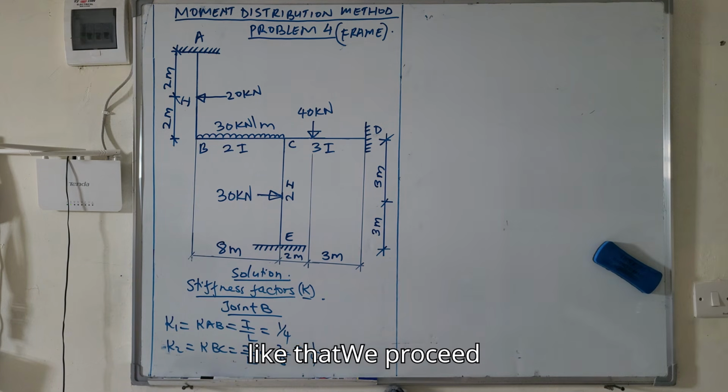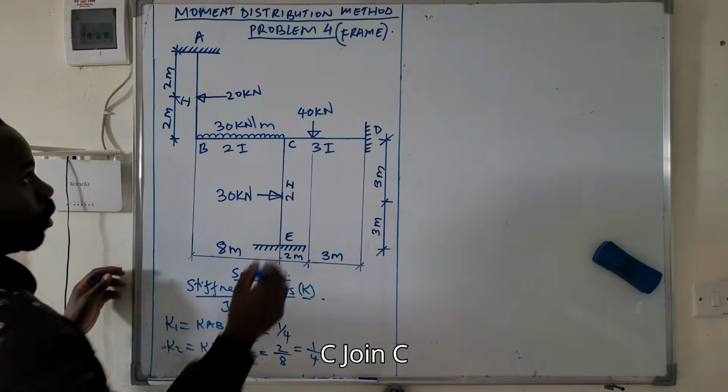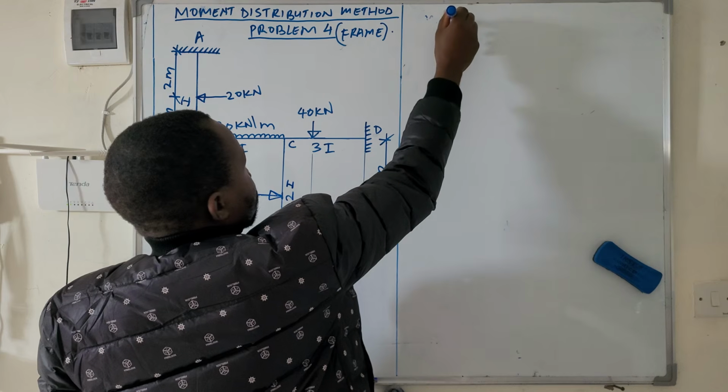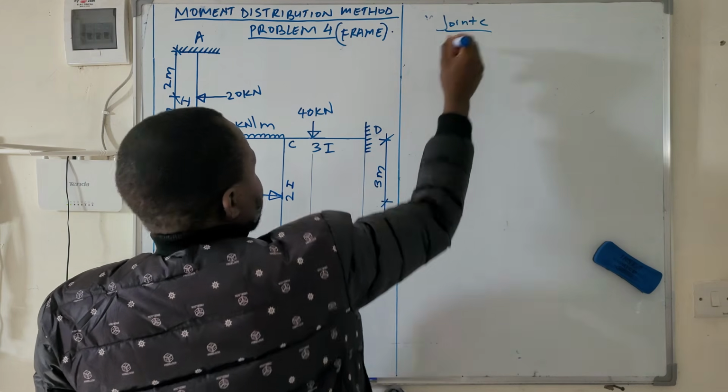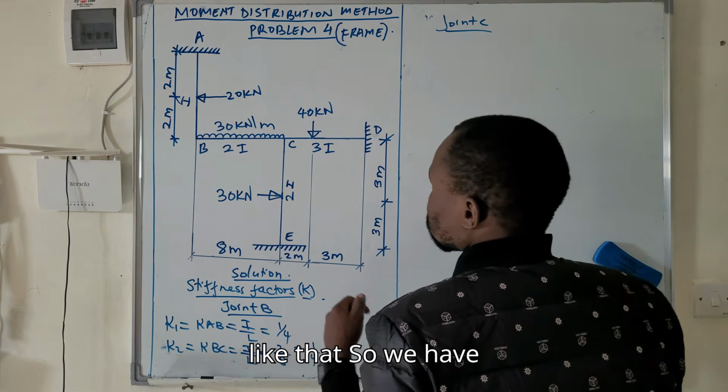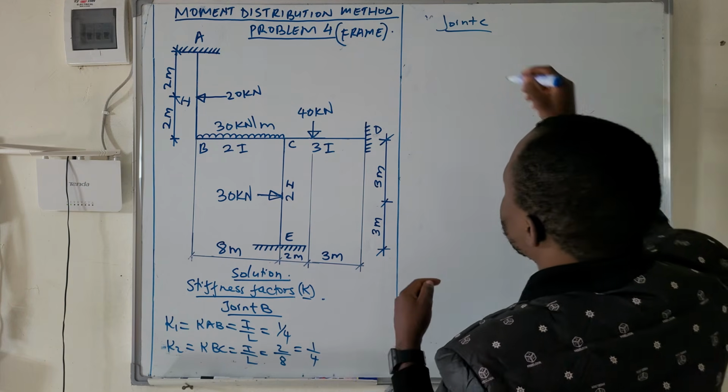Like that. We proceed to joint C. Joint C, like that. So we have K3.